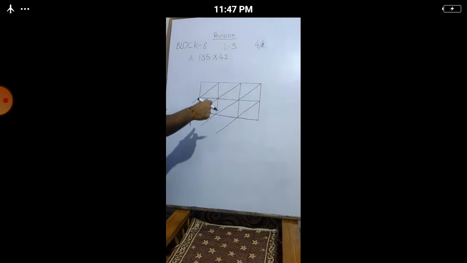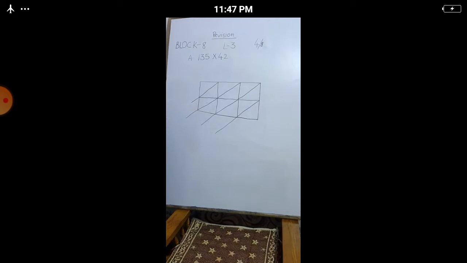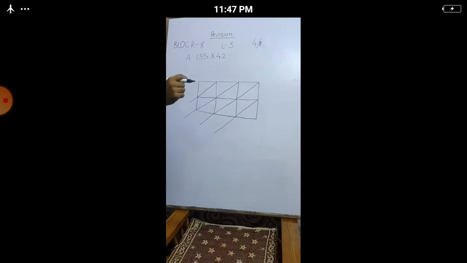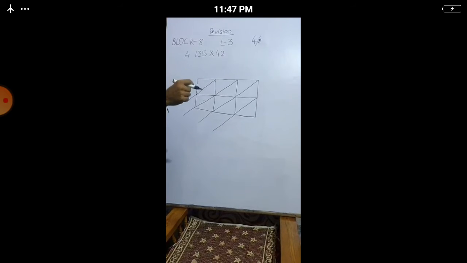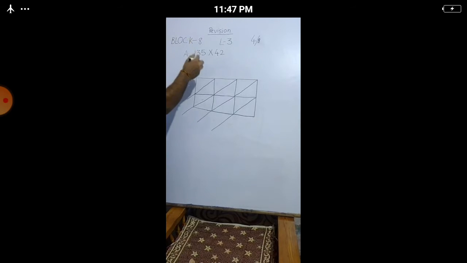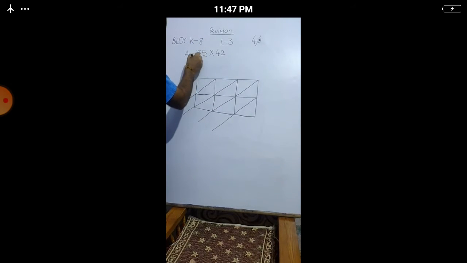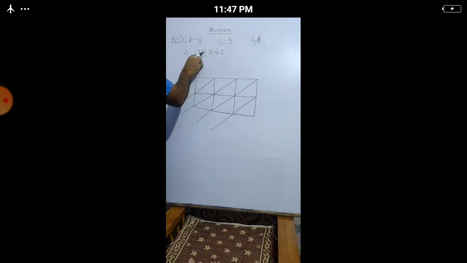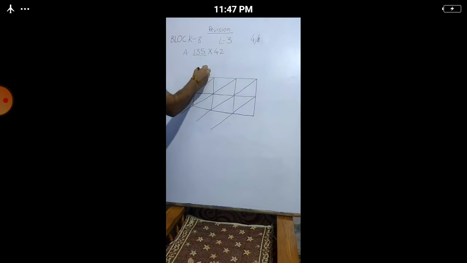Lesson 3, block 8. Children, my first question, how many rows and columns will you draw in the lattice to multiply a 3-digit number with a 2-digit number? Here you can see this is the multiplicand. How many digits? 3 digits, 1 3 5. So 3 columns.